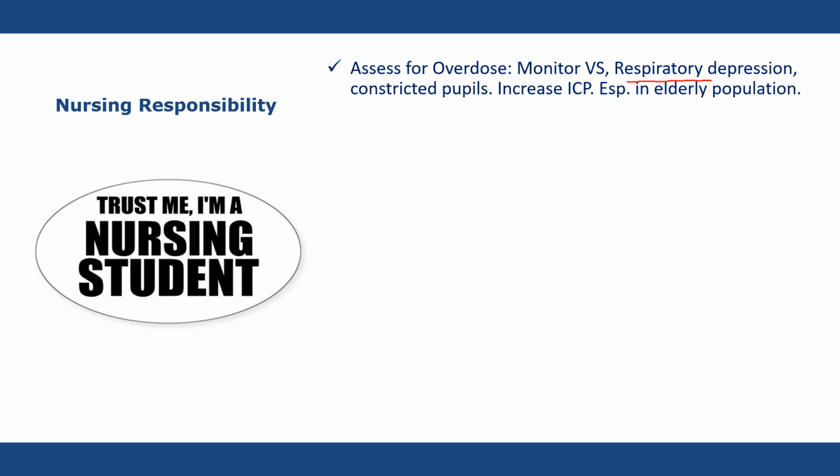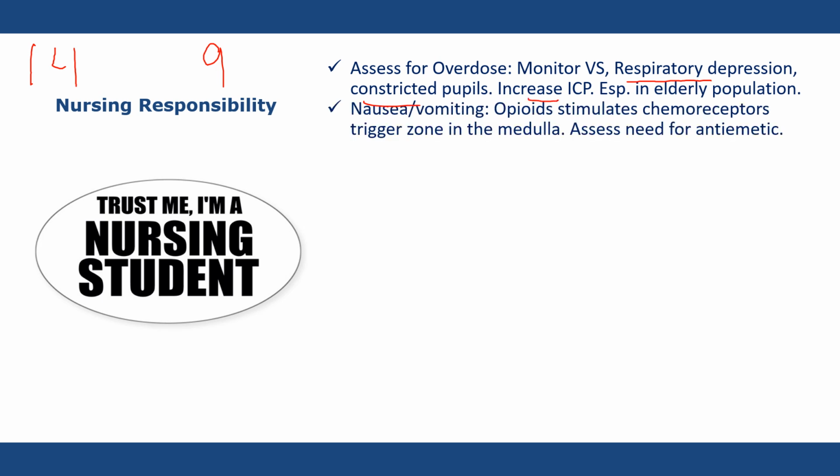So if you have a client whose respiratory rate was a 14 and today is a 9, that tells you that we need to hold their next medication dose, if you will. Also, pupils are going to be constricted, and there is increased intracranial pressure, especially in the elderly population. You have to be more careful.